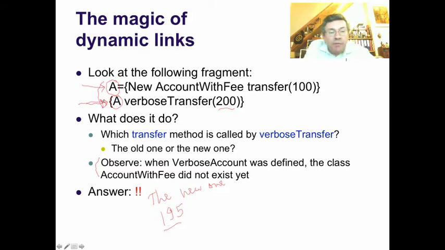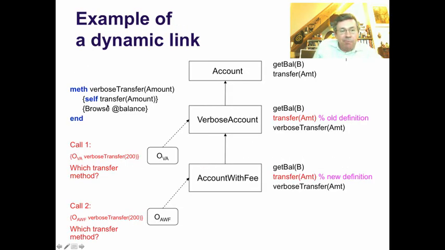So the self transfer inside verbose transfer is going to take the new transfer definition into account because of the self. The self is the object itself, so we use all the most recent definitions. And this is the magic of dynamic links. It means we can write programs that will work even if we extend them later.